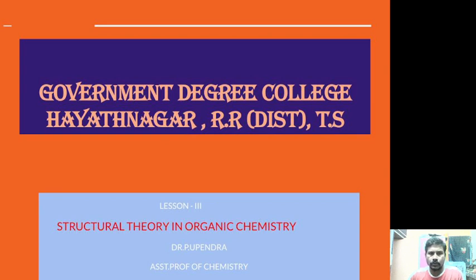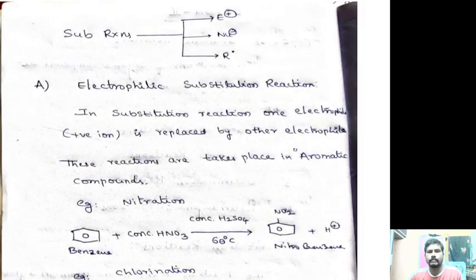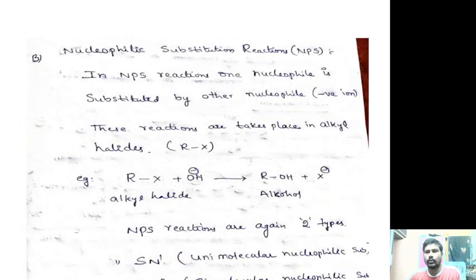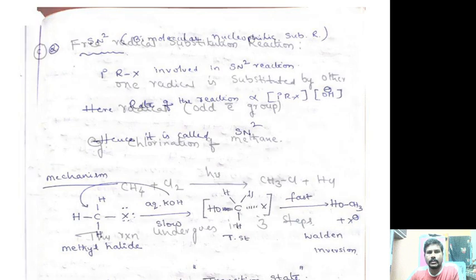Today we discuss structural theory in organic chemistry. Already two reactions are discussed. The remaining types of reactions, the addition reactions, are discussed in this class.